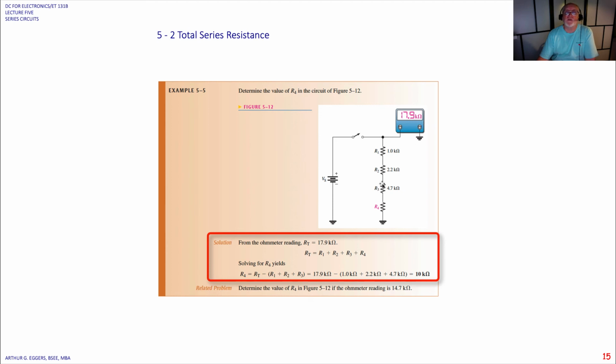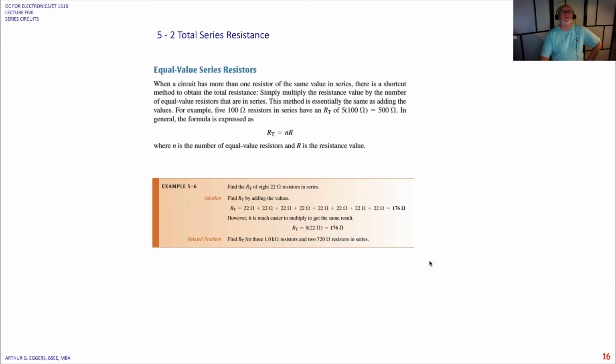How can I determine what R4 is? Well, if I take 17.9 k ohms and subtract 1k, 2.2k, and 4.7k, whatever is left over, in this case 10 k ohms, ends up being the value of R4. So in problems like this, if we were given a total resistance, whether it was a meter reading or just given, and you knew 3 of these, you can solve for the 4th very easily. Again, the related problem I want you to solve.